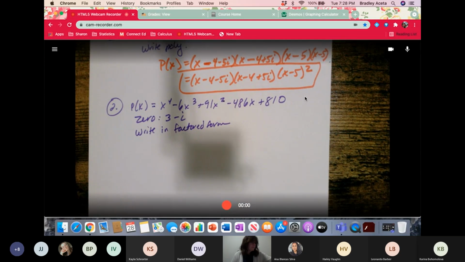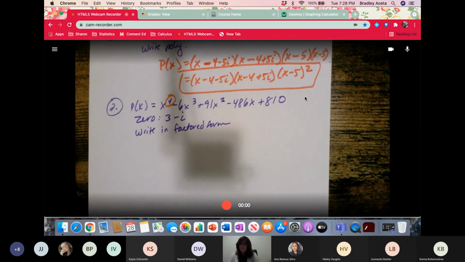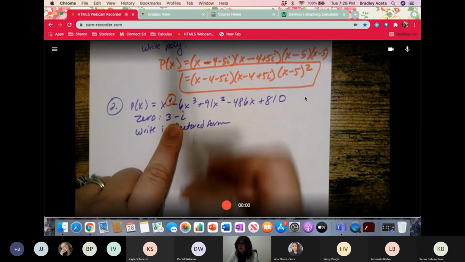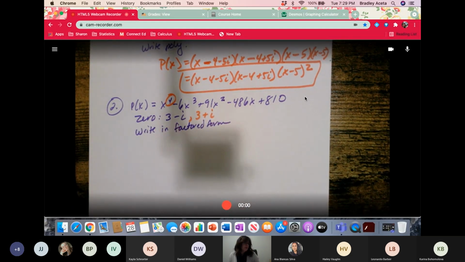So remember, you have how many complex roots? 4 of them. They only gave you 1. You know the other one though, 3 plus i.